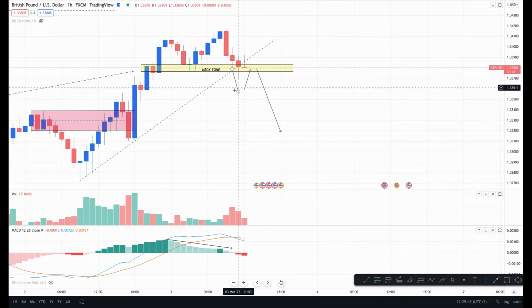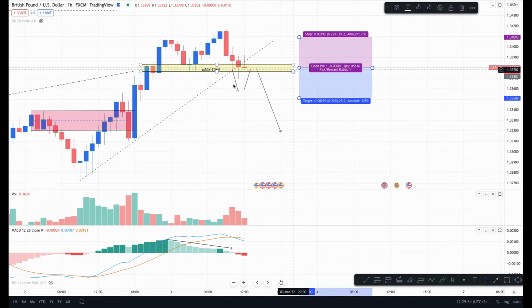Then, and only then, would I look for a possible pending position to open up a short position, which would look something like this. Because we want price, after it breaks below and closes, the candle must close, we then want to see a retrace to this neck zone.